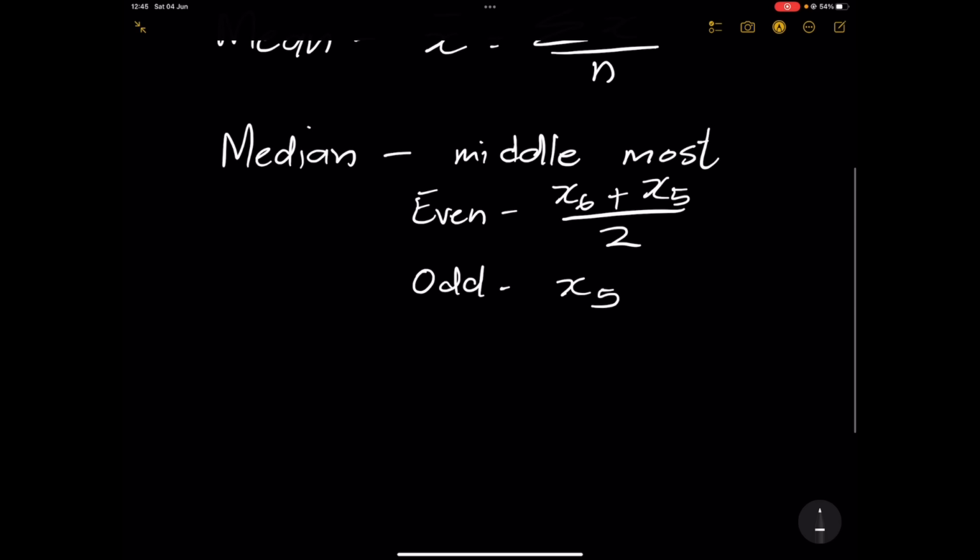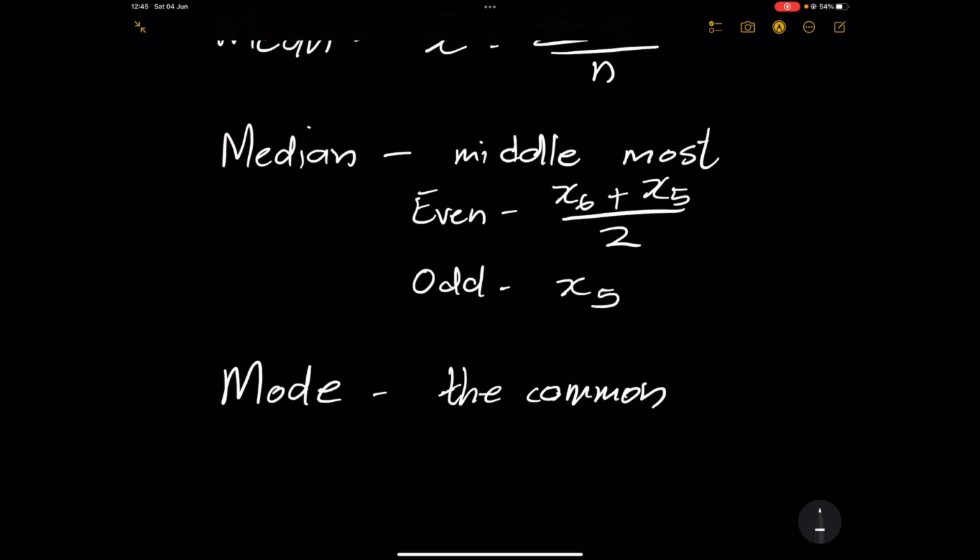Right, and then the last one in terms of the measures of central tendency is the mode, or they can even call it the modal value. The mode is the most common of the values that you have. So say, for argument's sake, you are taking the age of children who visit an ice cream truck.